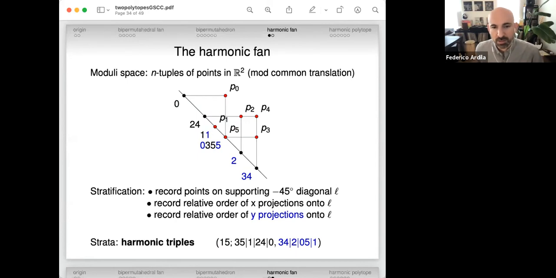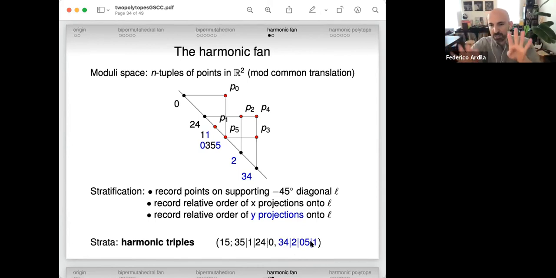But basically, I am doing this, but I'm storing less information than before. And why is it less information? Because this does not know, for example, the relative position of a black thing and a blue thing. I'm only saying, okay, what's the relative position of the black things? What's the relative position of the blue things?